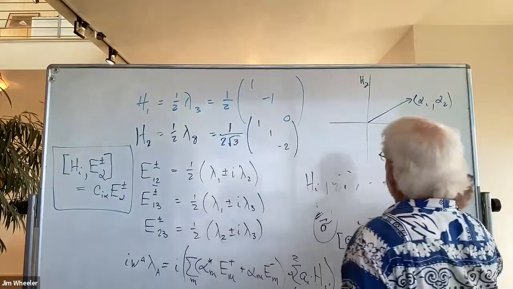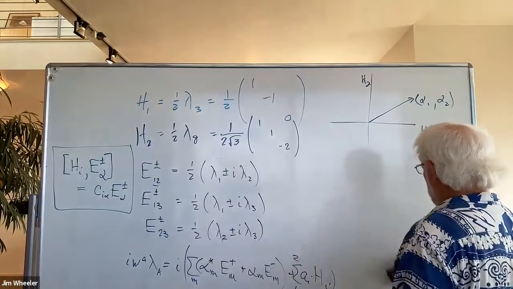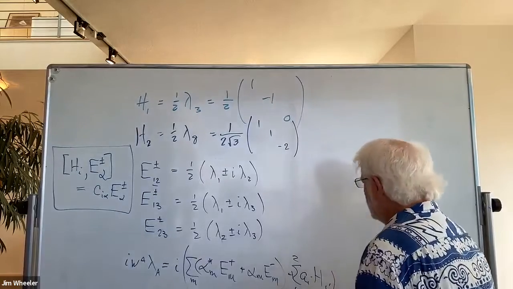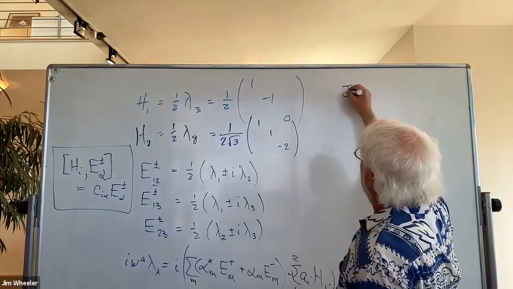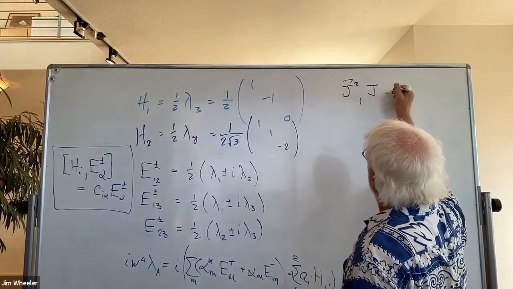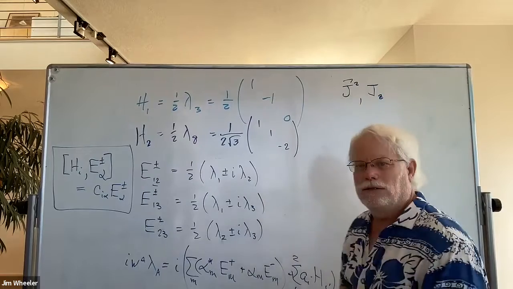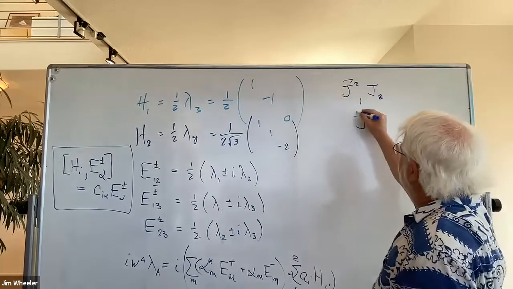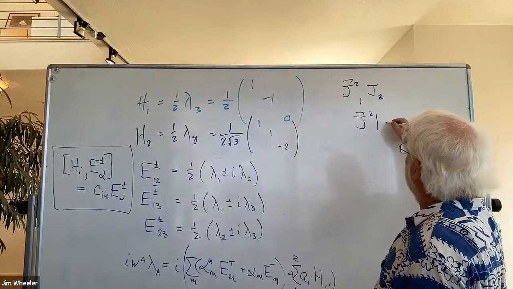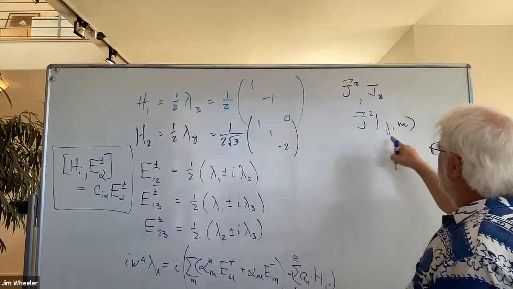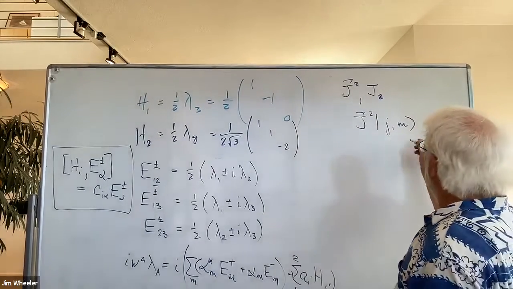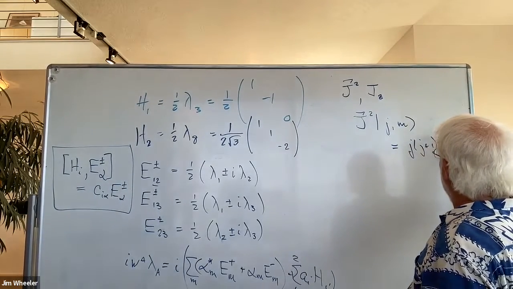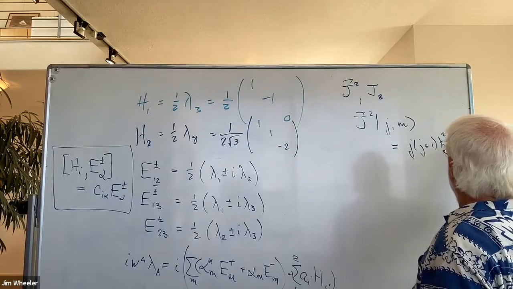We have two diagonal operators, J squared and J_z, and we label our states by eigenvalues of those two diagonal operators. So we're going to write two eigenvalues in our states. J squared gives j(j+1) h-bar squared on |j,m>.